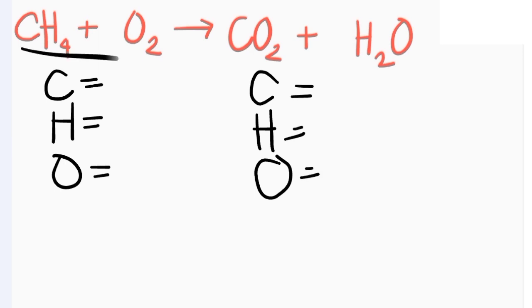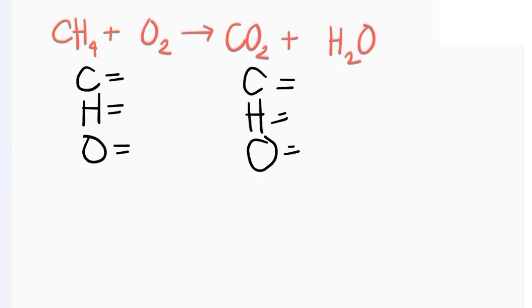On the other side, how many carbon atoms are here in the reactant side? Again, this is called the reactant side, this is the product side. So, how many carbon atoms are in the reactant side? We only have 1. And how many hydrogen atoms are here? We have 4. Oxygen atoms, we have 2.